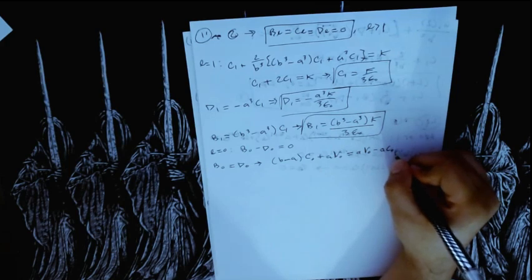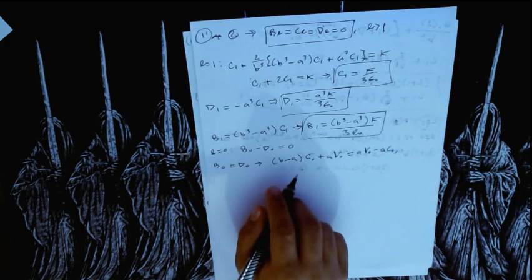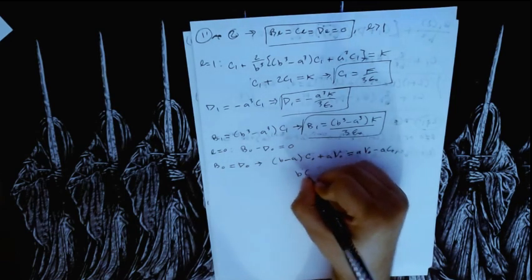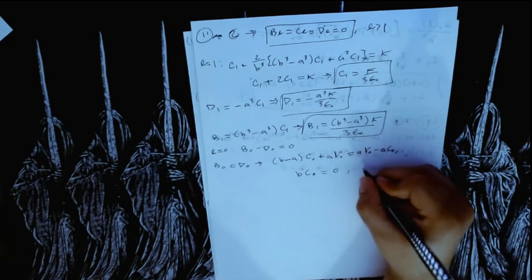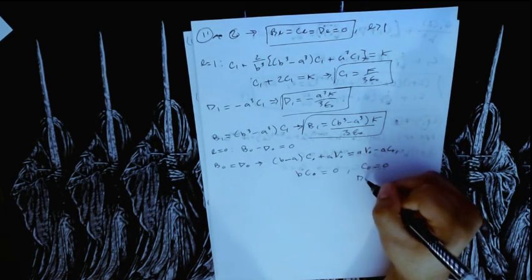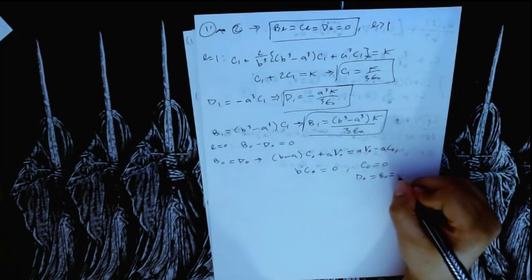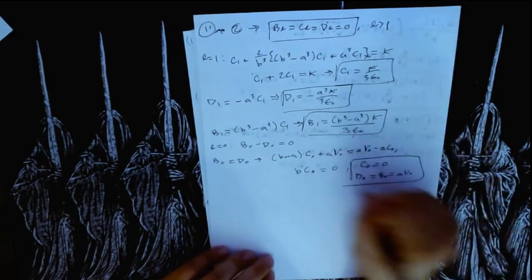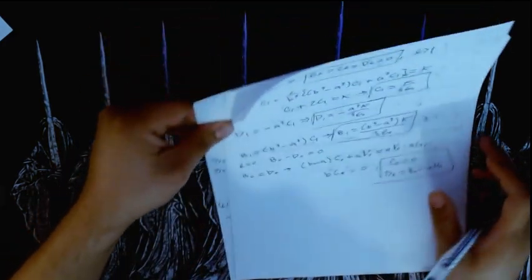So B C naught is equal to 0, so C sub 0 is equal to 0. D sub naught, we've stated that it's equal to B sub naught, so that has to equal A V sub naught. Nice, so we found all of our coefficients.